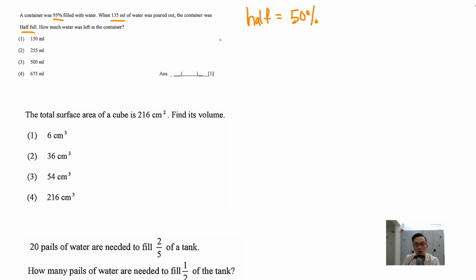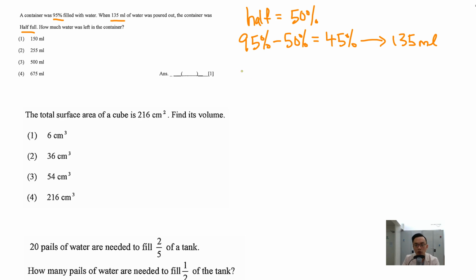So 95% minus away 50% equals 45%. So 45% is actually 135 ml. Alright, so when 135 ml was poured out, the container was half full.